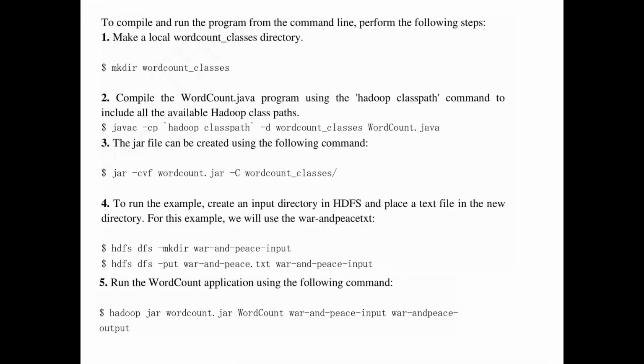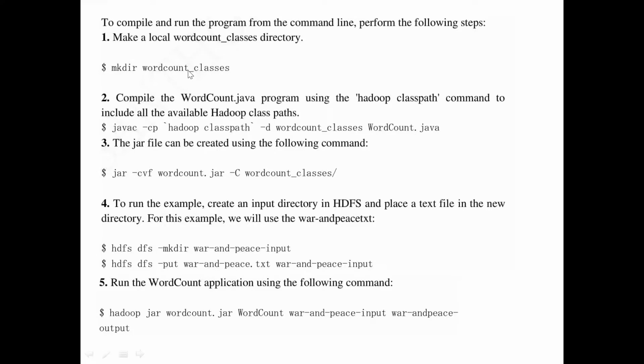So next we'll see how to compile and run the given program. First thing we have to do is create a directory called WordCount classes. Using the mkdir command, we are going to create the directory WordCount classes, because all the files we create will be stored into this directory.